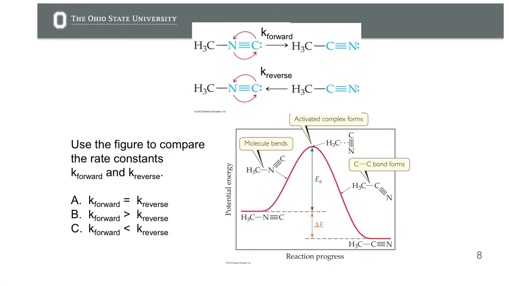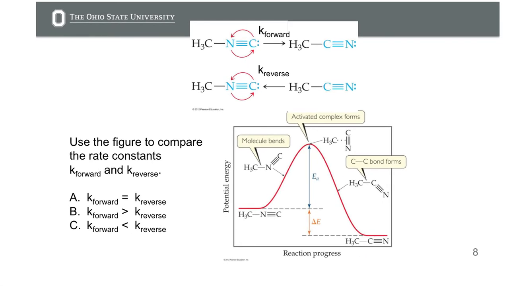Okay. So I mentioned activation energy for the forward reaction and activation energy for the reverse reaction. And we know that if EA is large, then the rate is slower than a smaller EA. Okay.